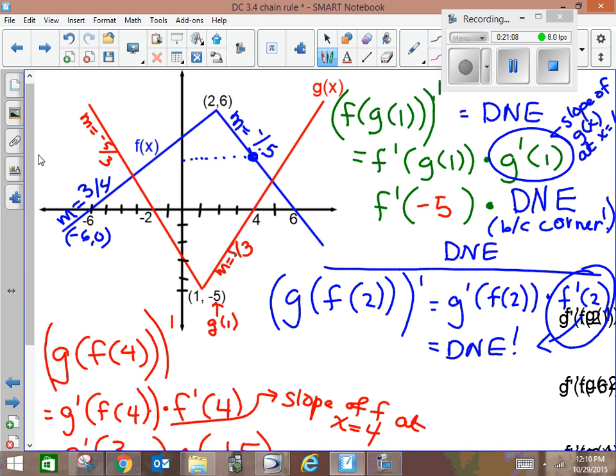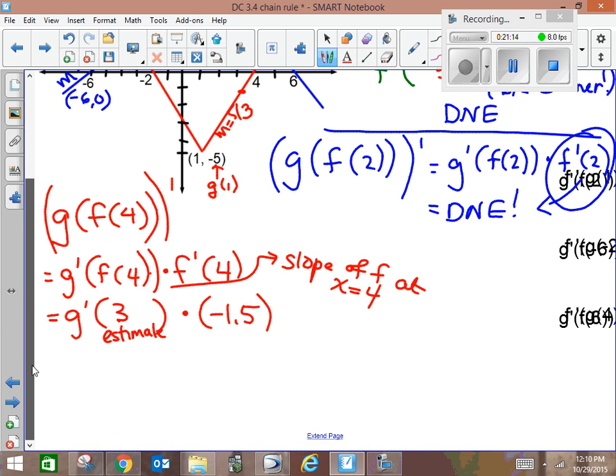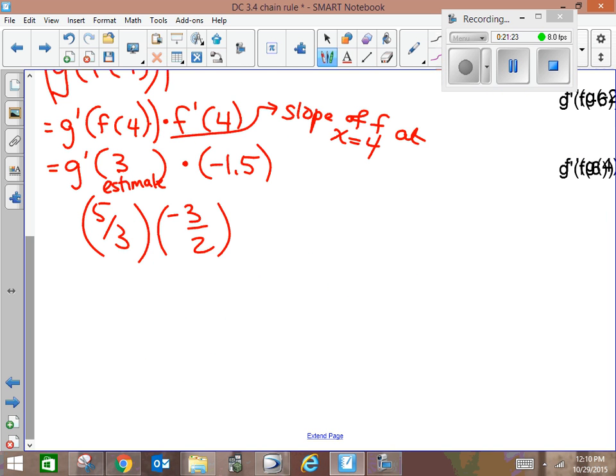The 5/3, because that's where 3 is right here. The slope at that point, since it's linear, is 5/3. So 5/3 times, I'm going to go back to negative 3/2 because it makes my math a lot easier. What's that? 5/2. Positive or negative?